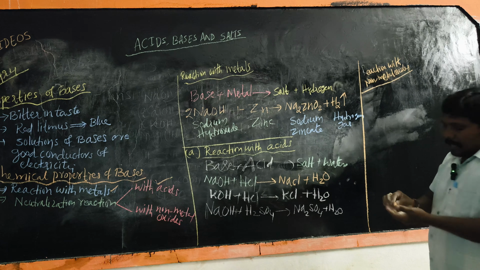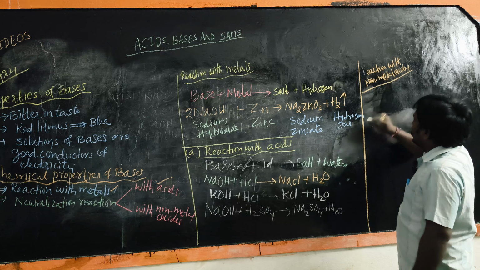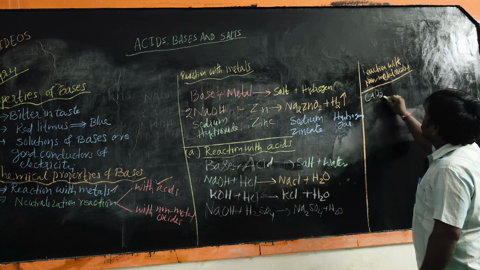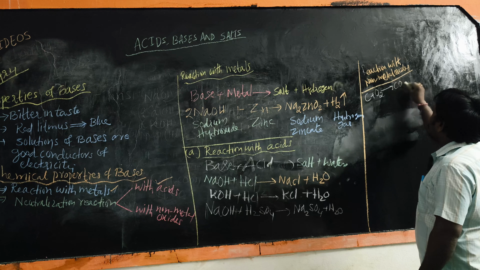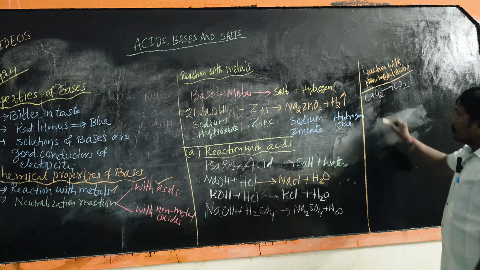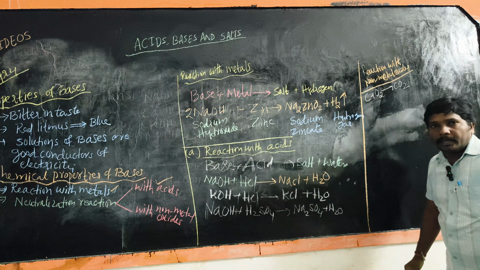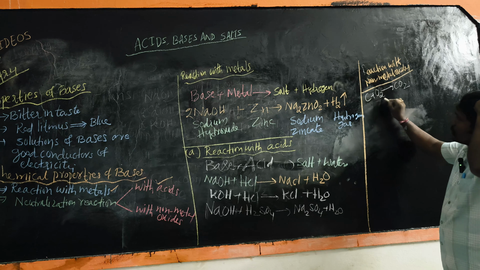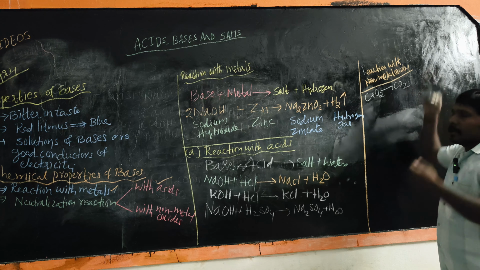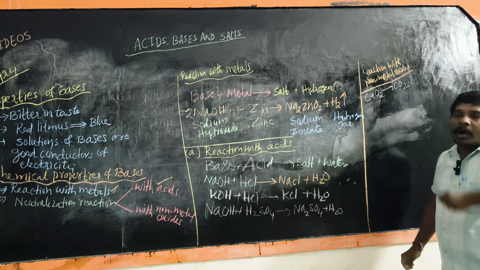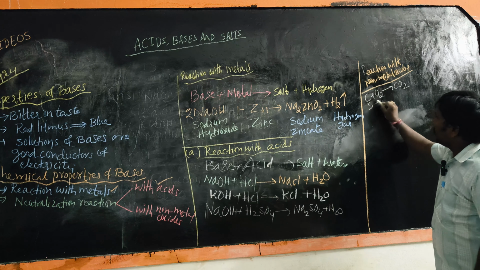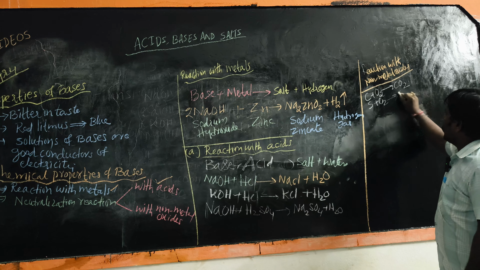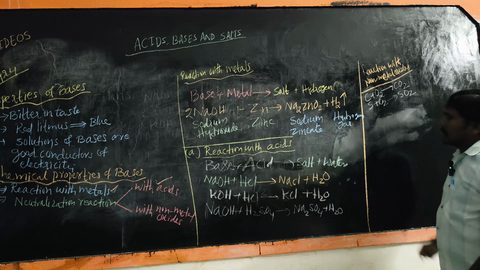When non-metals like carbon react with oxygen, it gives carbon dioxide. As we know, carbon is a non-metal. When non-metals combine with oxygen, they form their respective non-metal oxide. Similarly, sulfur combined with oxygen produces sulfur dioxide.